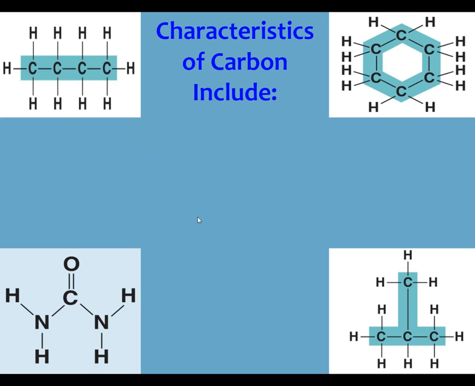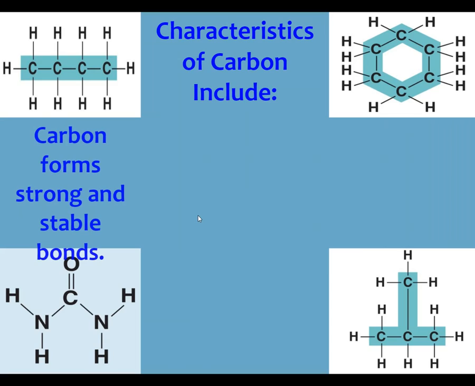Characteristics of carbon include carbons form very strong and stable bonds. So when you think of things like carbon fiber, it's very strong. They make motorcycle helmets, they make bicycle frames out of carbon fiber because they're very strong and they're very lightweight.